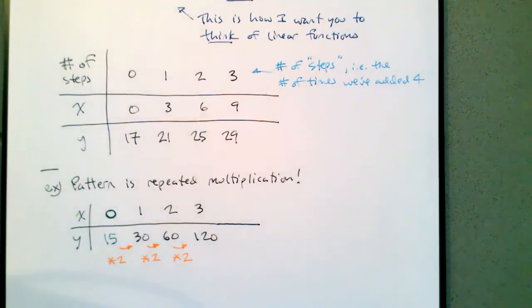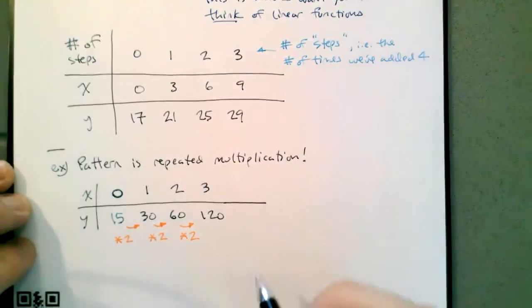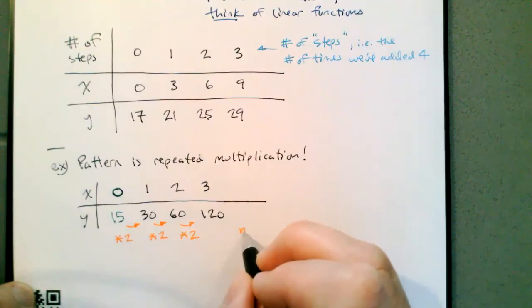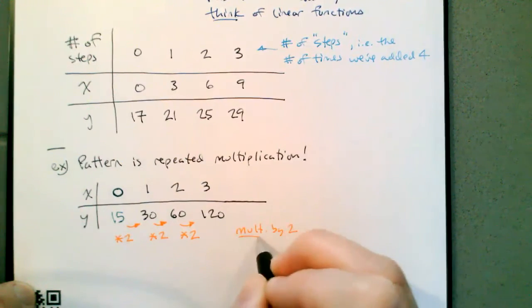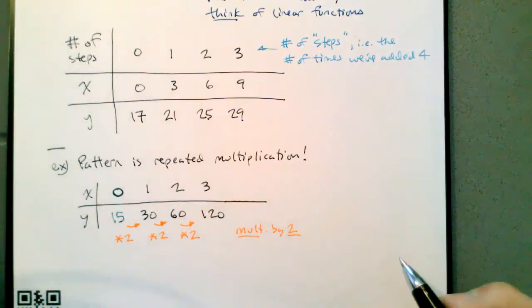So here is a pattern of repeated multiplication. To describe what's going on in this function, we multiply by 2. So instead of increase by a fixed amount, we're multiplying by 2 each step.